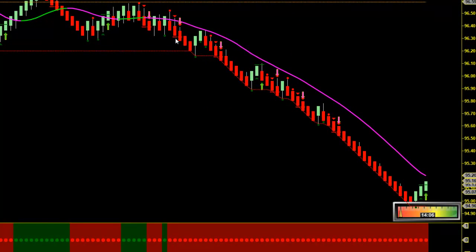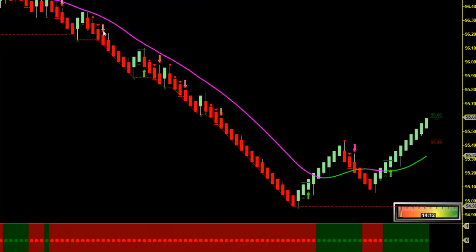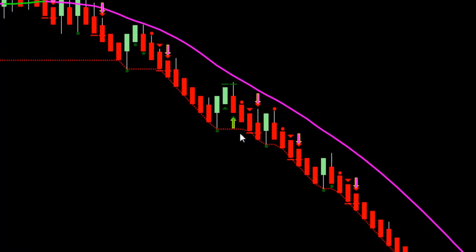I do have a valid entry on this bar right here, and as you can see, I go all the way down. I actually have a second entry point here, a third entry point here, a fourth entry point here, and a fifth entry point right here. So what I'm trying to explain is just pick a more volatile market if that's what suits your trading style.